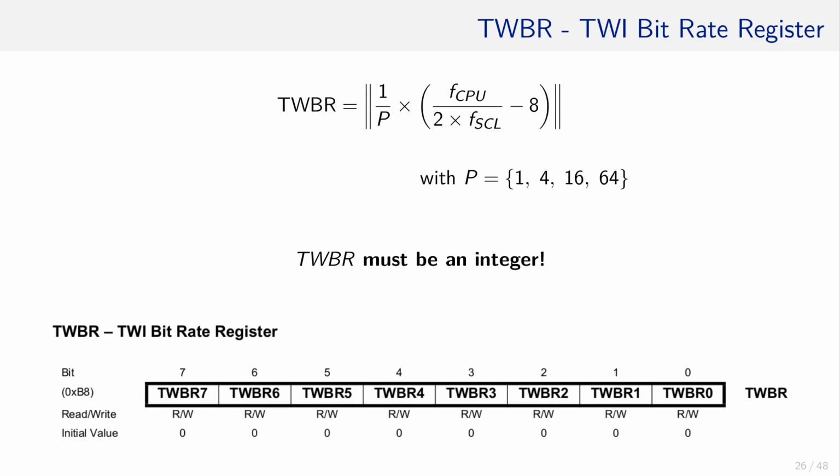It depends on the system clock of 16 MHz in case of Arduino, the desired frequency of the bus, and a prescaler P. Again, the result needs to be an integer that fits into the 8-bit of the TWBR. The prescaler can be either 1, 4, 16 or 64.